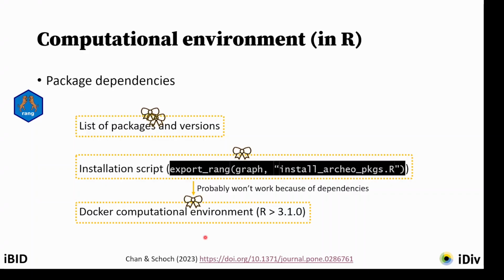And there, as I said, you would have the necessary operating system and the dependencies, everything you need, as long as it's relying on an R version after 3.1. If it's older than that, then you won't be able to Dockerize it.